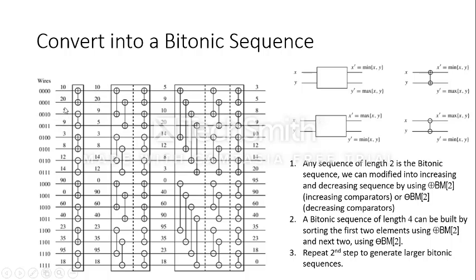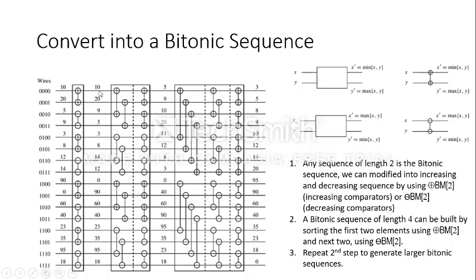Now, the next two elements are also a Bitonic sequence in monotonically increasing format. When we apply the decreasing comparators to these two elements, the output is generated in descending order.